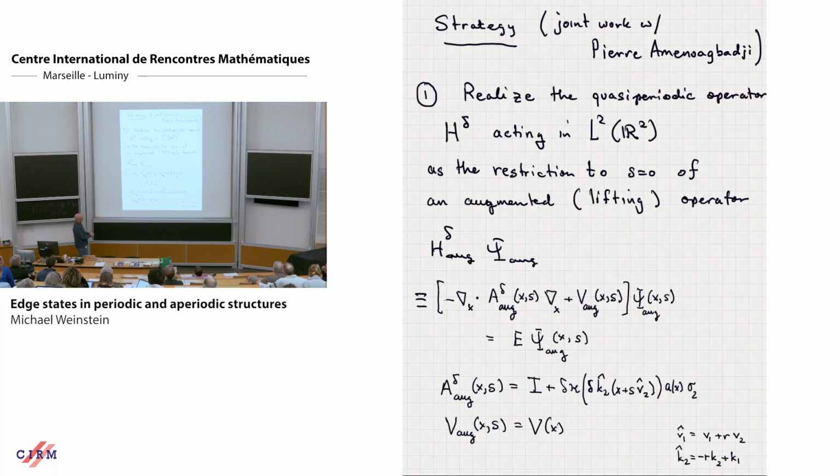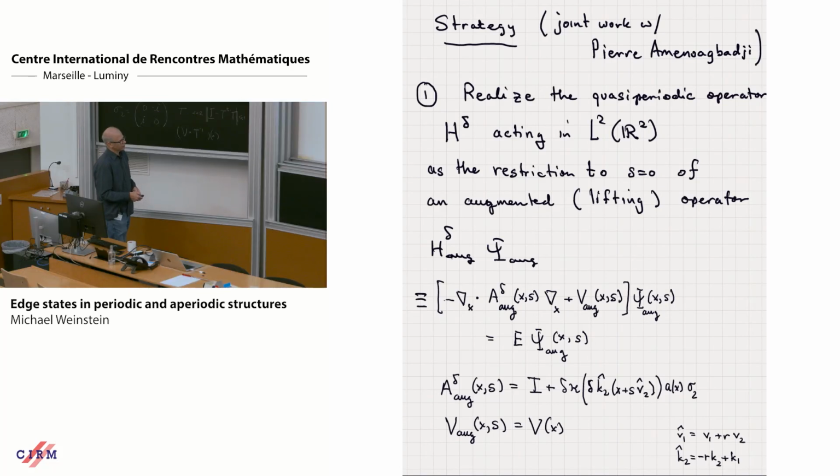One introduces a parameter S, so that's now a new dimension, a third dimension. If you will, it's a dimension that's transverse to the physical XY plane, and the potential is not changed at all. It's just this piece over here. So this is the lifted operator.